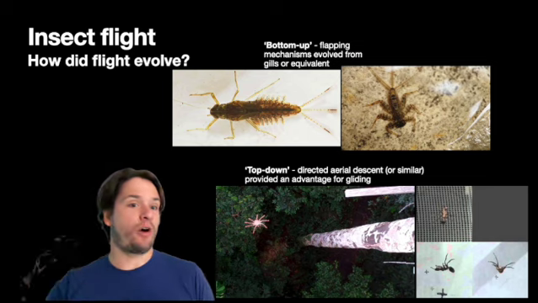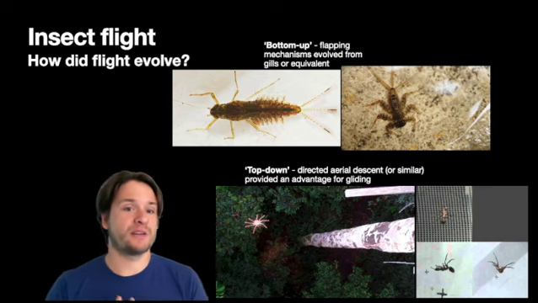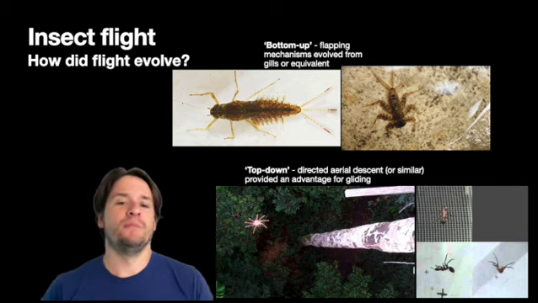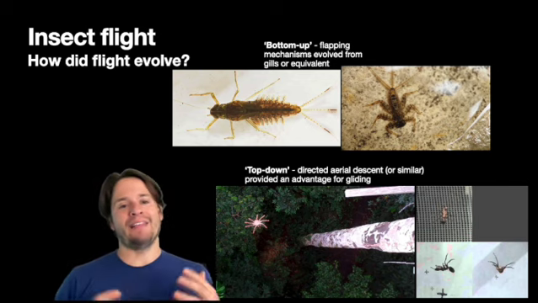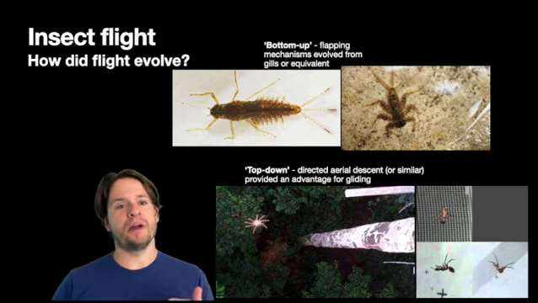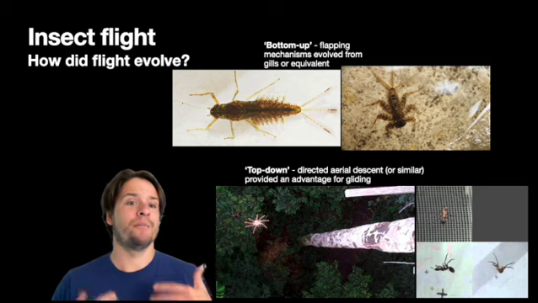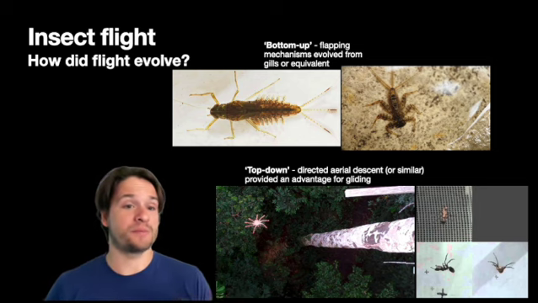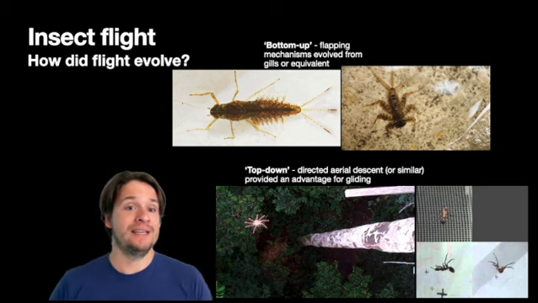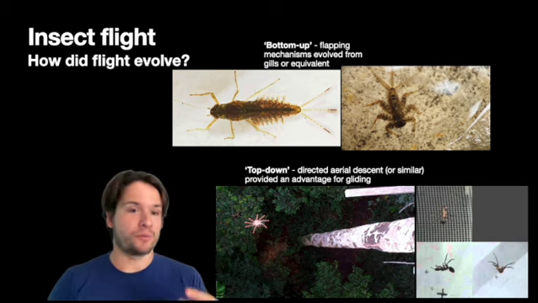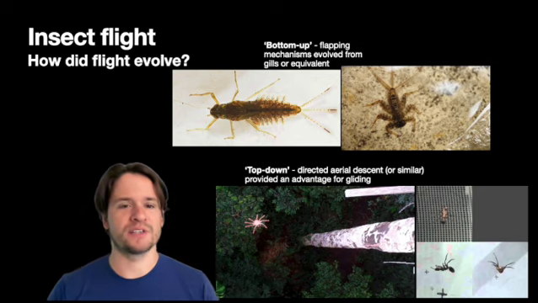And the idea is, falling halfway down a tree is a lot better than falling all the way down, being able to get back up to the food you're munching on, or your colony. That might have provided some initial benefit for gliding, some of the behavioral control, and basically some of these precursor adaptations that would allow these insects to then step-by-step evolve flight from gliding. Adding a little bit of flapping can facilitate that.